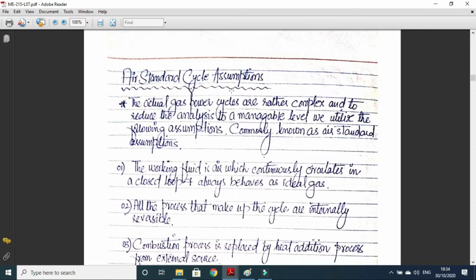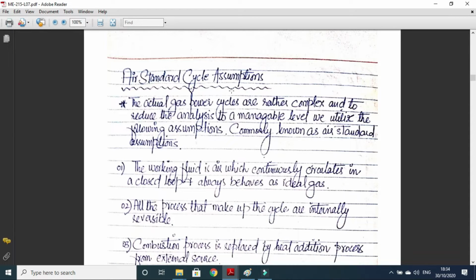So if we ignore all the losses, then definitely we will get higher values of efficiency, higher values of power output, higher values of the mean effective pressure. But the thing is that these values will be qualitatively near to the parameters of the actual engine. Let's suppose the power output of the actual engine is 10 kilowatt.